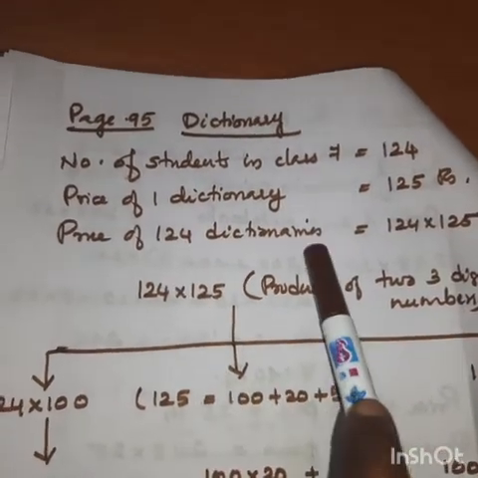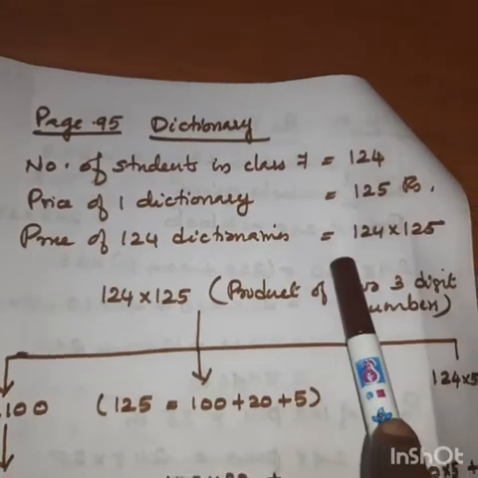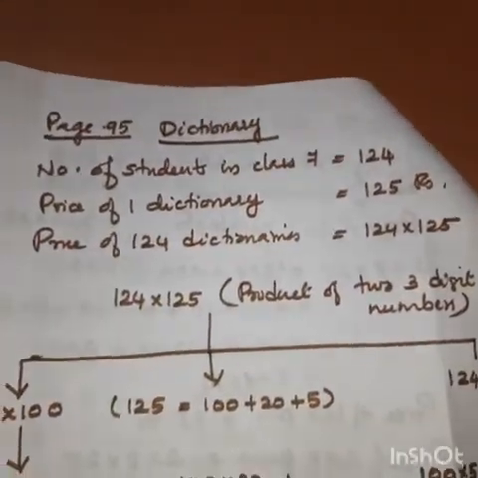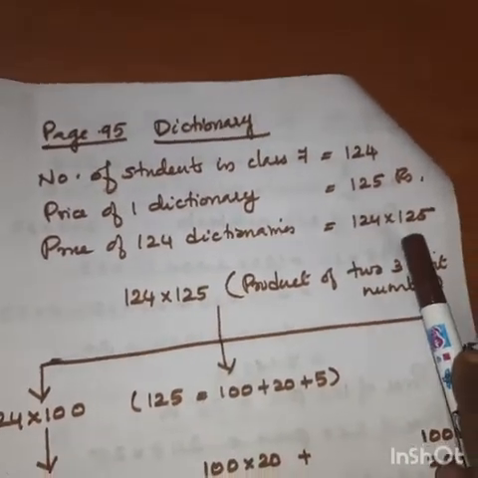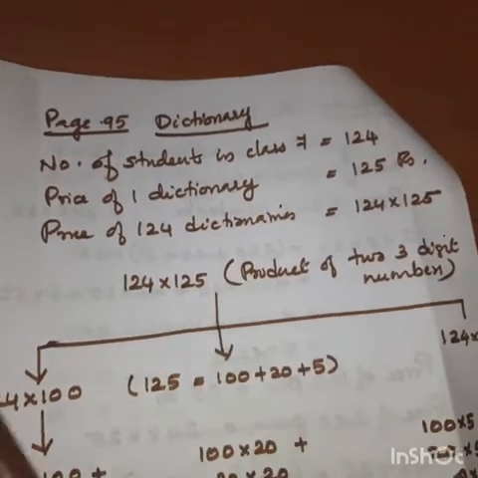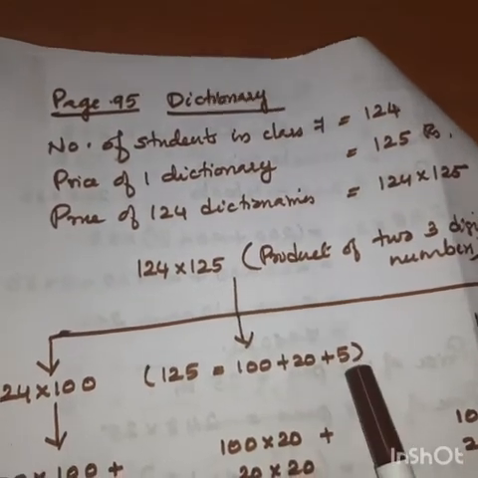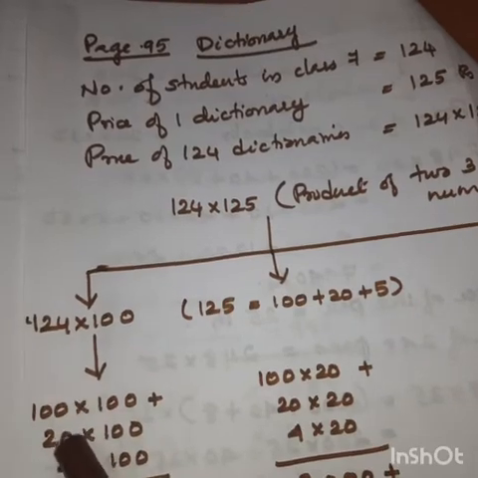Therefore, the price of 124 dictionaries, that means for all the students, is 124 into 125. This is the product of two 3-digit numbers. Here we have to split these two 3-digit numbers. That is 124 into 125. First split 125 as 100 plus 20 plus 5. Again we split 124 as 100 plus 20 plus 4.